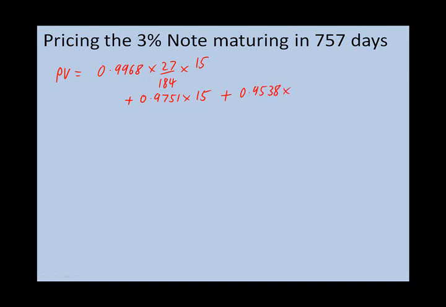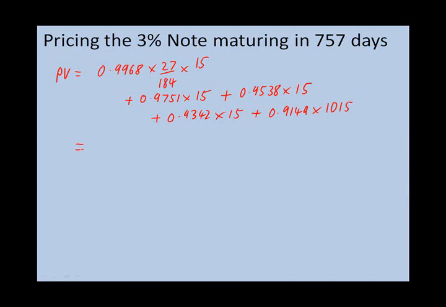plus the discount factor for 392 days, which is 0.9538, times the coupon of 15, plus the discount factor for 573 days, which is 0.9342, times the coupon of 15, plus the discount factor for 757 days, which is 0.9149, times, well, here we get the principal and the coupon, so 1015.